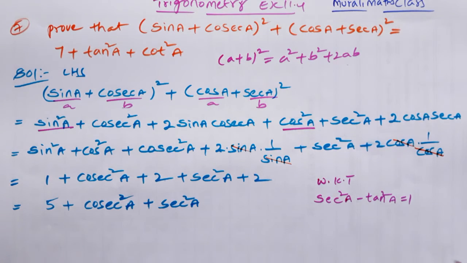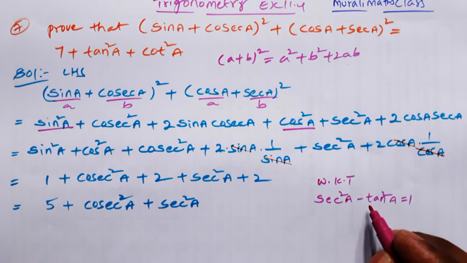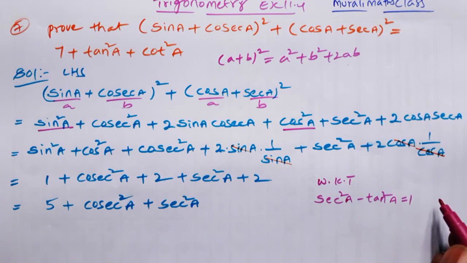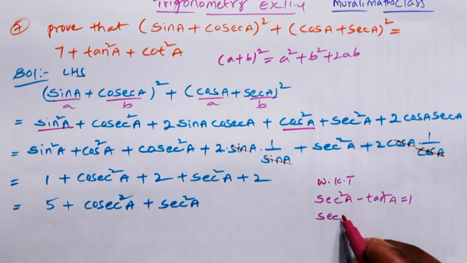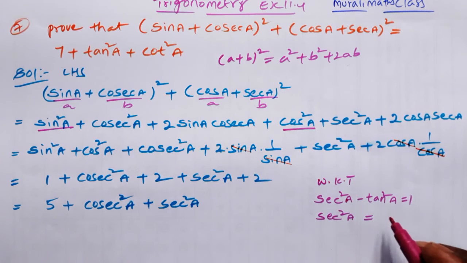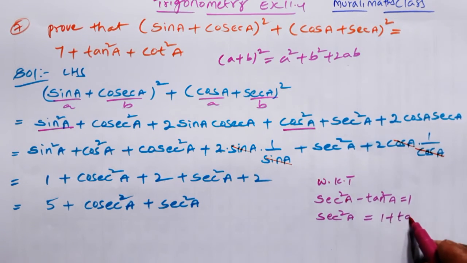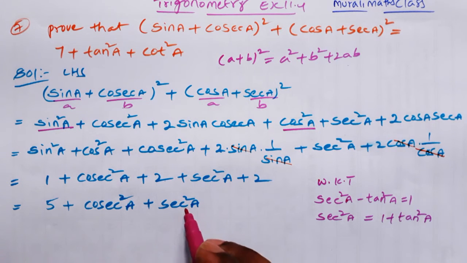From this we need to get secant square A. Minus tan square A is there, no? Take it on the right hand side. We will get secant square A equals to 1 plus tan square A.